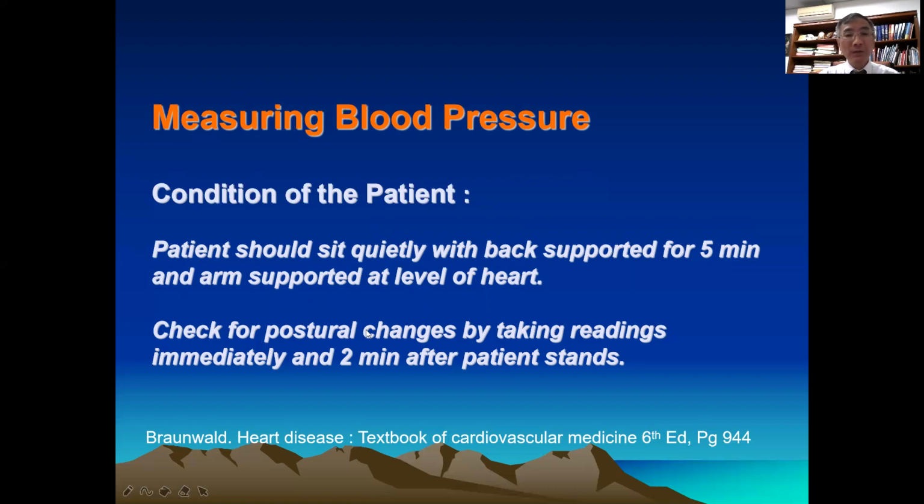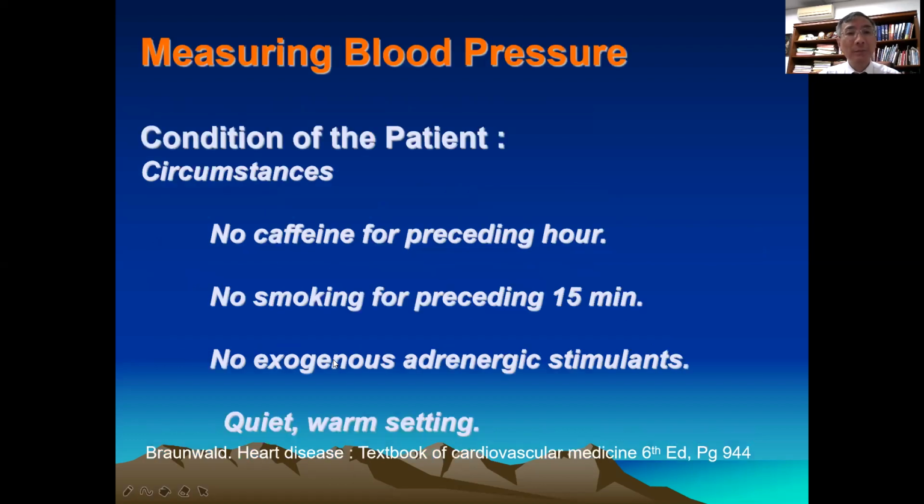So get the patient standing up after lying down or standing up after sitting to take recordings immediately the patient stands or after 2 minutes to look for postural change of blood pressure, usually to pick up postural hypotension where the blood pressure drops when the patient stands up.